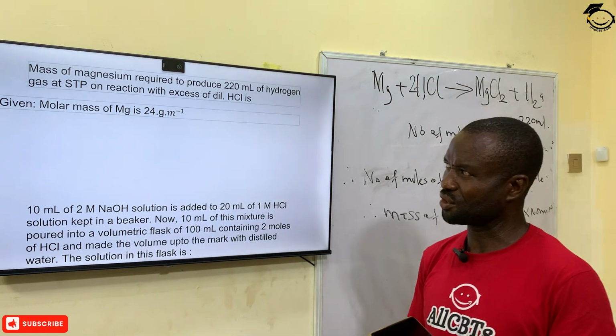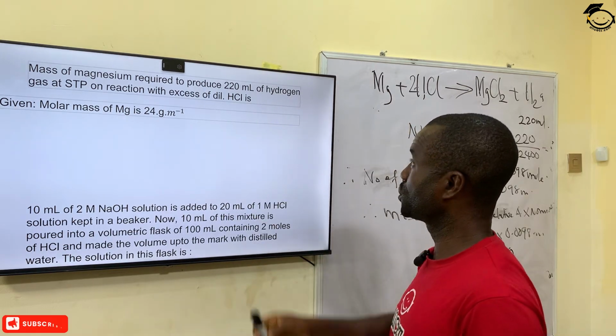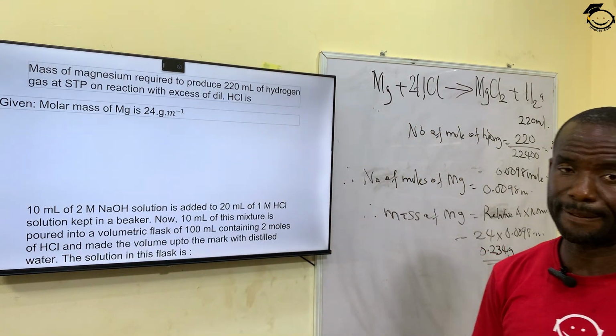So that will be the mass of magnesium needed when 220 ml of hydrogen is liberated. All right.